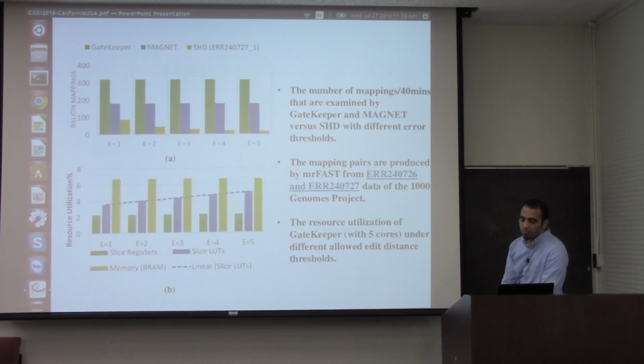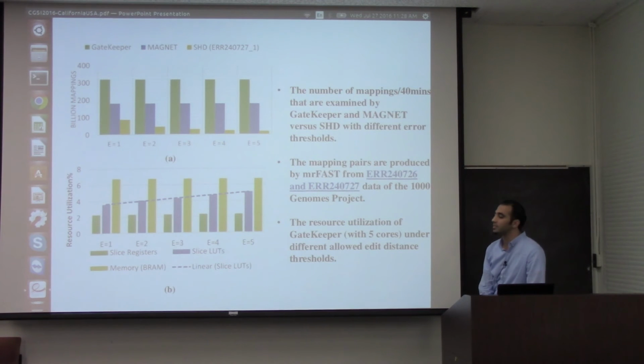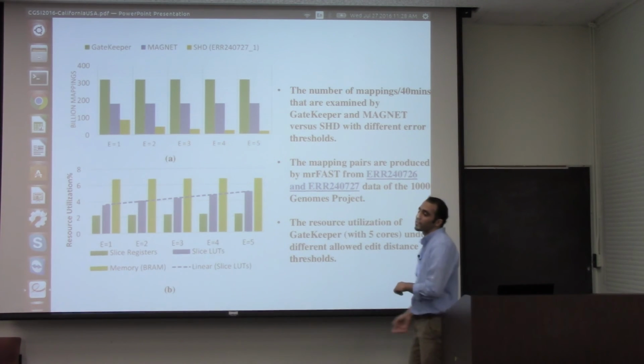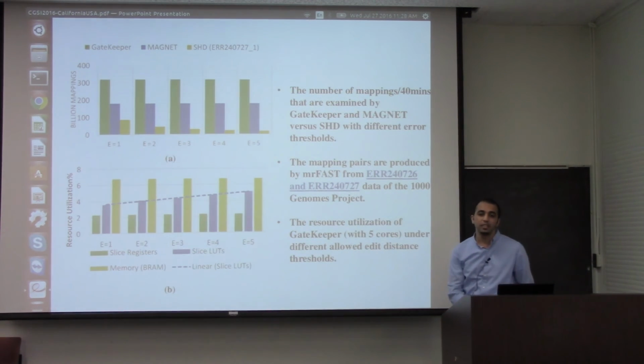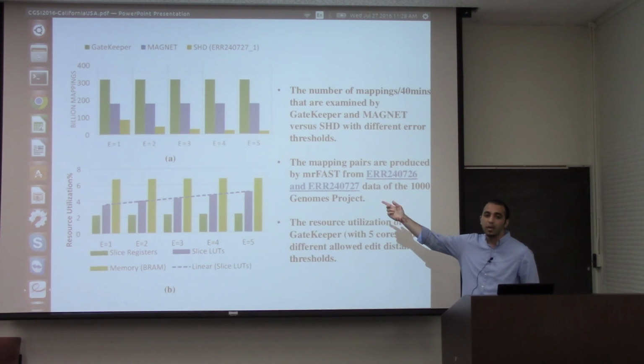And one important thing about using hardware to accelerate the filtering strategies is this. For example, we compare with SHD. SHD is a filter, but implemented with SIMD, a CPU algorithm. When we increase the error rate, the runtime drops easily.